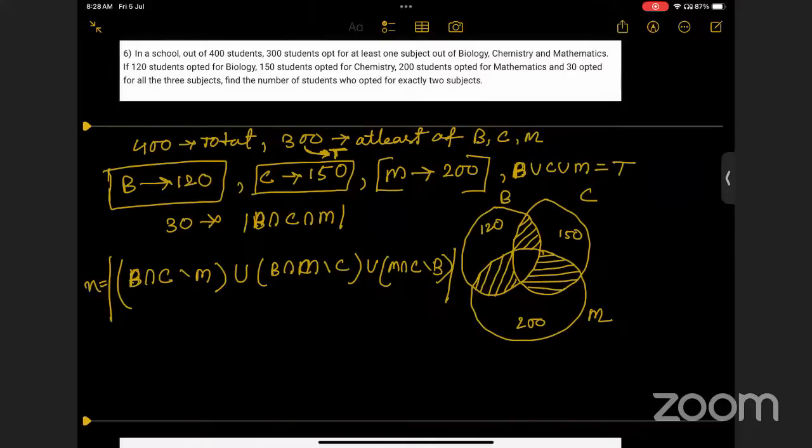So here we have A union B union C. Cardinality of A union B union C is 300. So we have this formula, right?